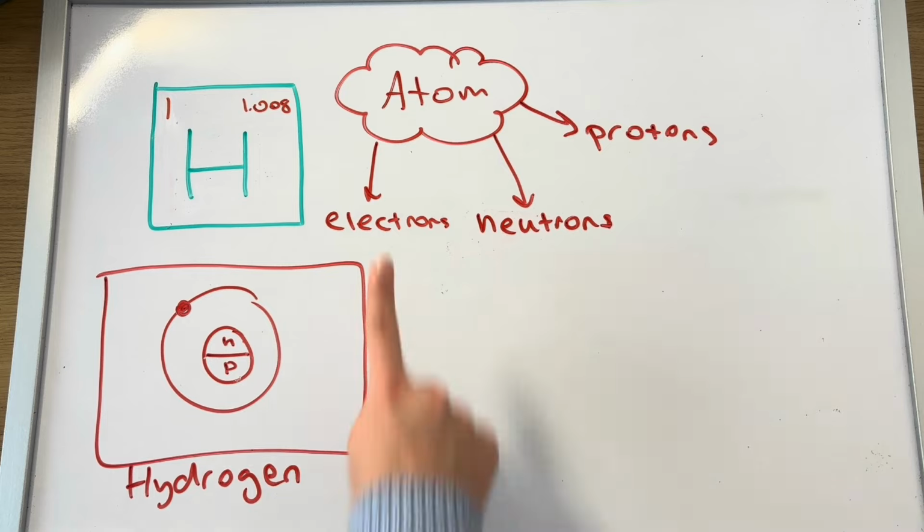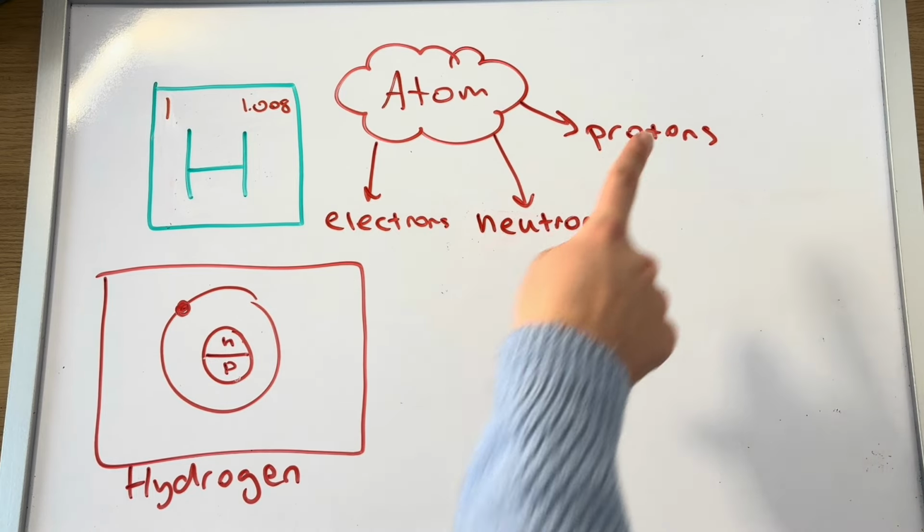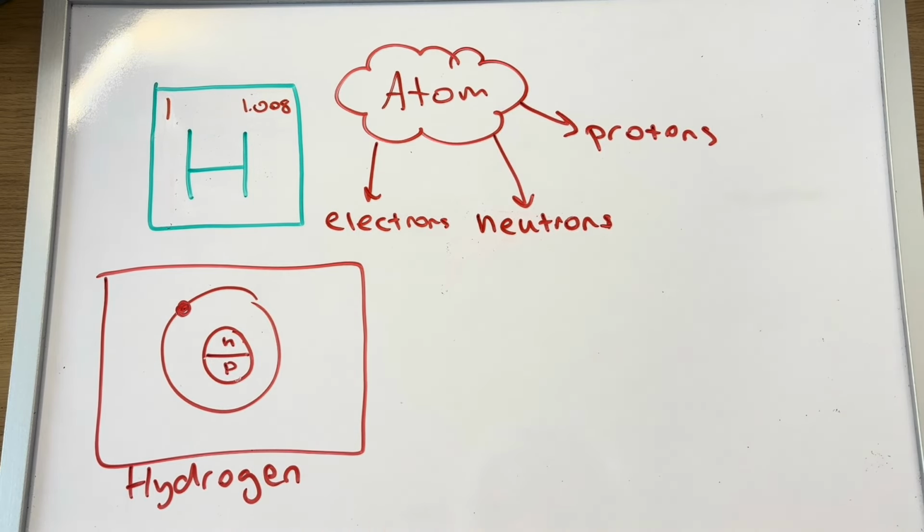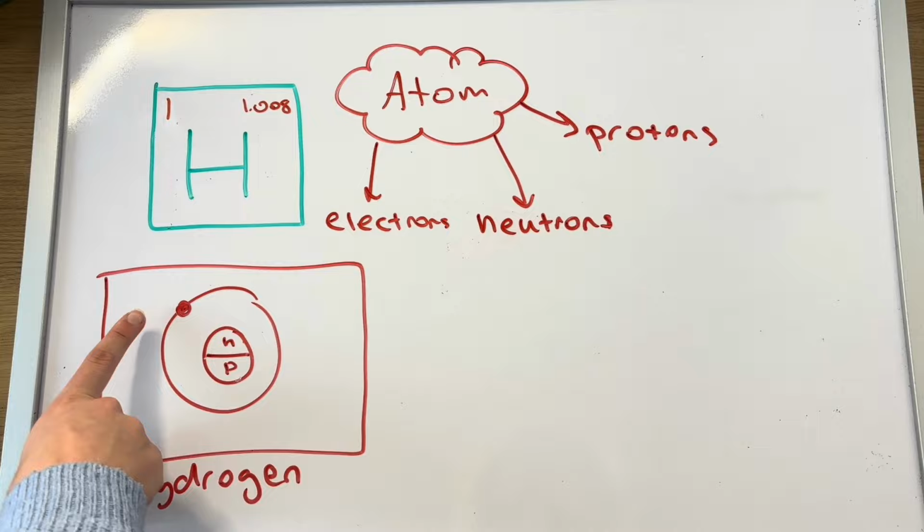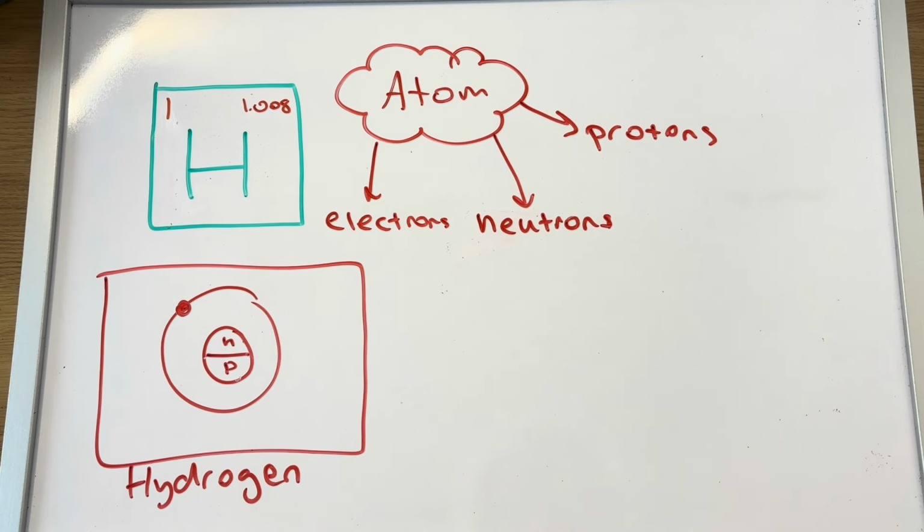Now, when we look at electrons, neutrons, and protons, we have to differentiate their charges. Now, you may ask, what's a charge? What's the point of a charge? Well, charges always have a goal where they want to become stable atoms. Hydrogen, for example, is not a stable atom because it only has one electron in its orbit.